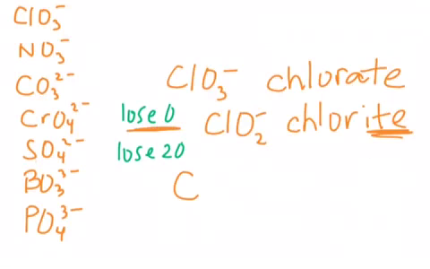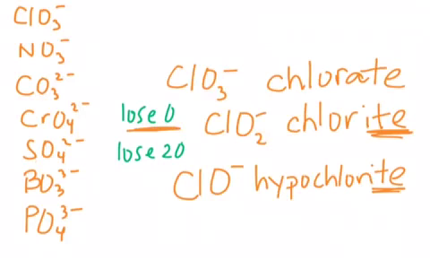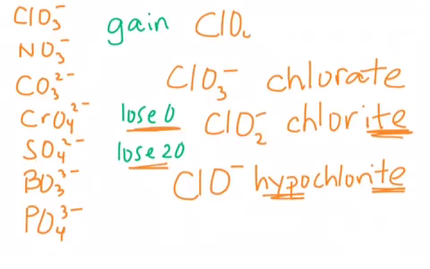And what if I lose 2 oxygens? Well, then my charge is going to stay the same, but it's ClO-, and to say that I've lost 2, I'm hypo, like hypoglycemic, low on sugar, hypochlorite. So I've got -ite and hypo, and that's a double loss of oxygen. Now what if I gain an oxygen? Then my charge again stays the same, and it's ClO4-, and that means I've got a lot going on, like a lot of energy.